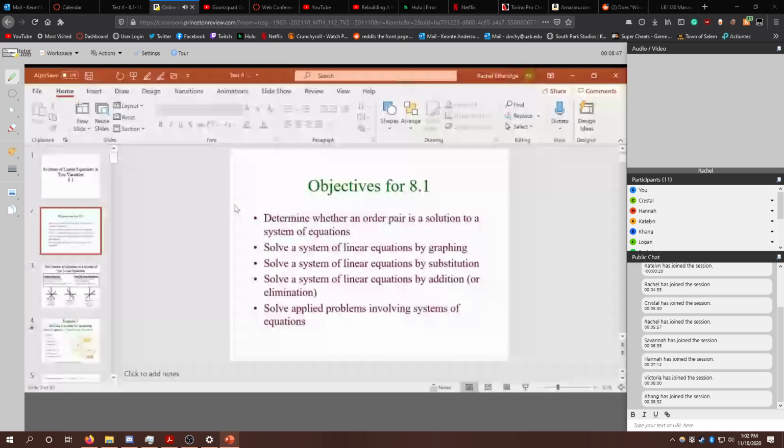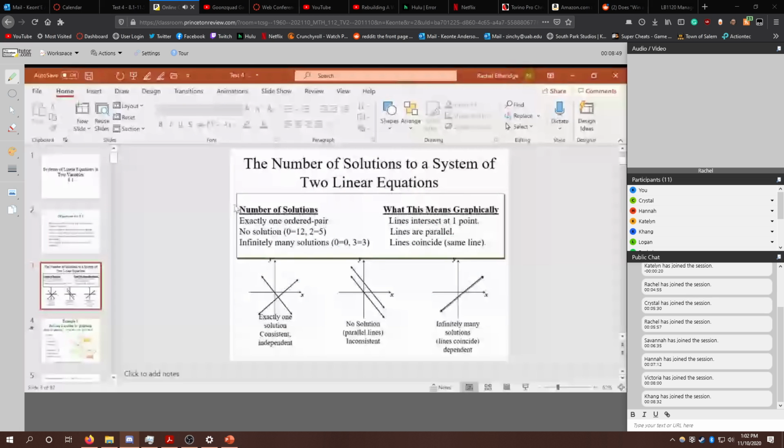We do need to look at the types of solutions we can get for a system. If you have just one solution, one ordered pair, that means that those two lines intersect each other at one point.